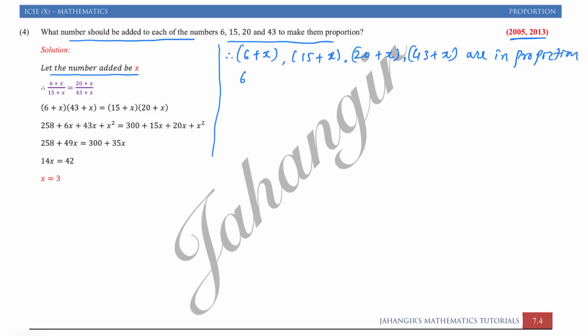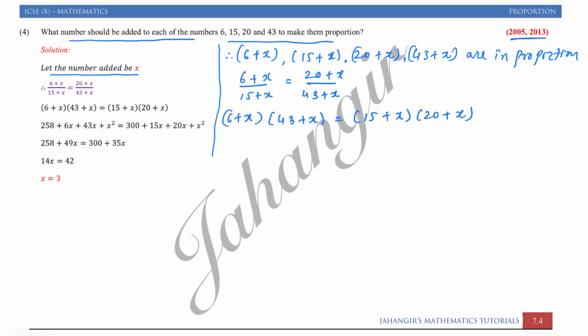So I can write 6 plus x upon 15 plus x is equal to 20 plus x upon 43 plus x. Now cross multiply. 6 plus x multiplied by 43 plus x is equal to 15 plus x into 20 plus x.